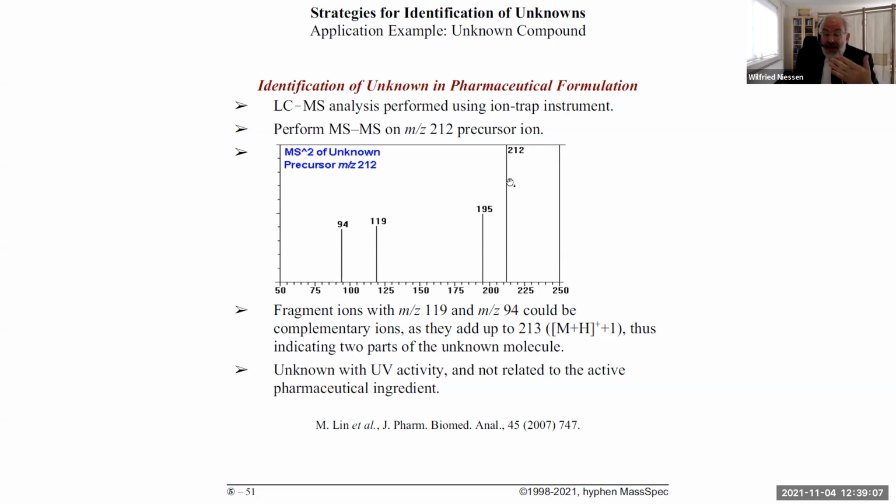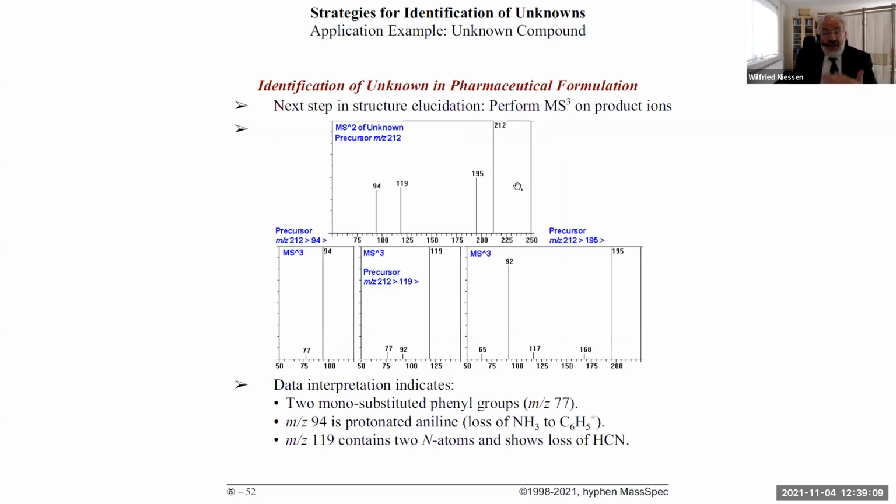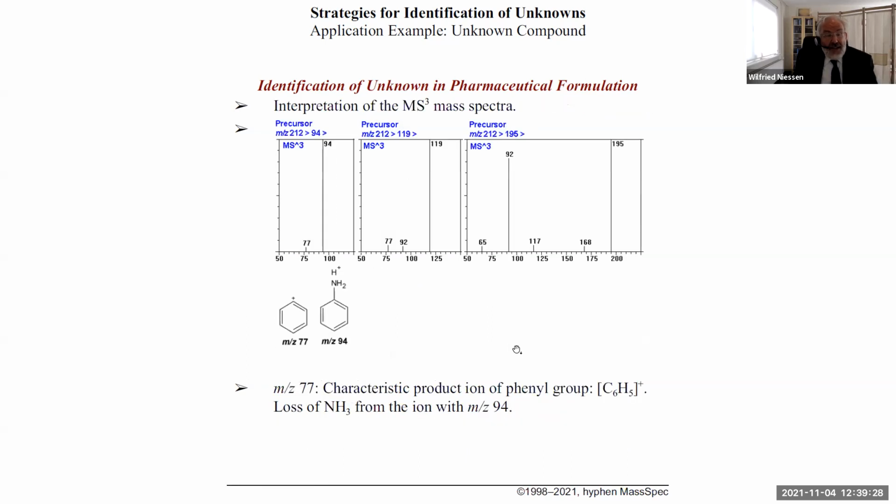So since I have the ion trap, I can actually start building a fragmentation tree. So I can perform the MS3 experiment, which means that I acquire the MS2 spectrum, and subsequently I get the MS2 spectrum of the 195, of the 119, and the 94. This is what we see here. And then I can start interpreting the MS3 spectra.